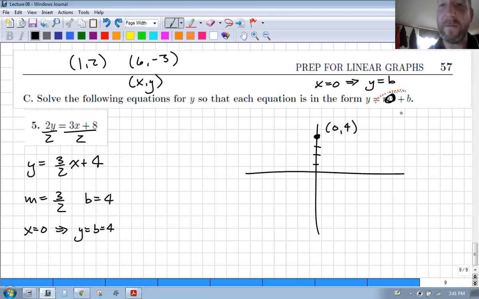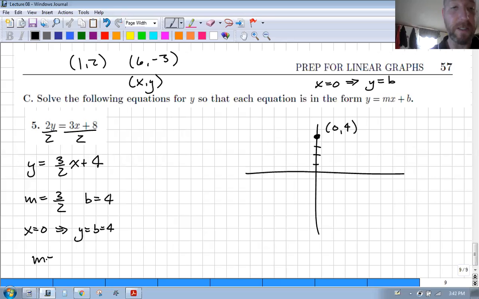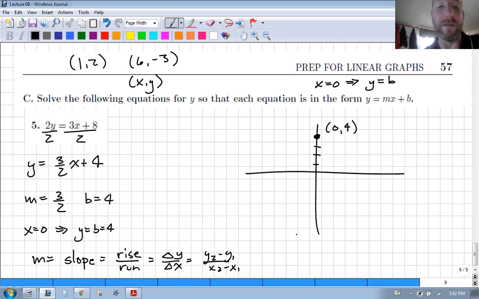The m tells you the slope. So m is the slope of the line. They call it rise over run, or the change in y over the change in x, or y2 minus y1 over x2 minus x1. So here the slope is 3/2.